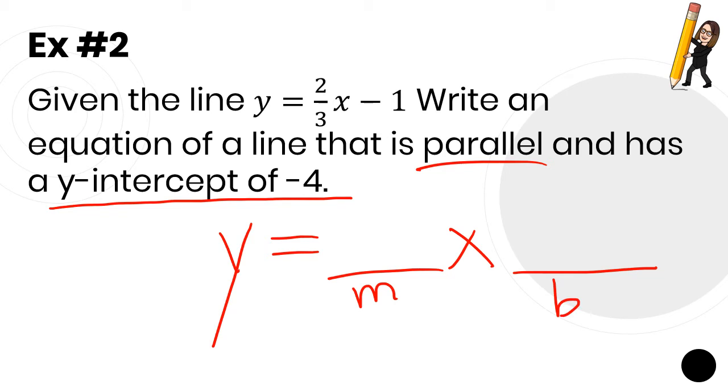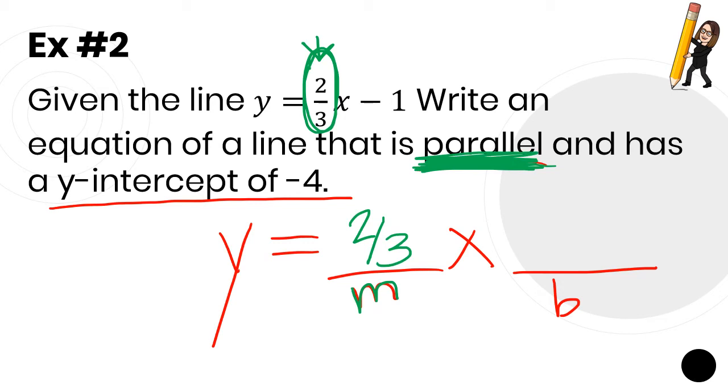So let's start by talking about the m. M is my slope. If it's parallel to this line, then I want to use this slope. We copy the slope when it's parallel. You're just going to reuse it. That's all. And we're given the information that it has a y-intercept of -4. So my b value is -4.